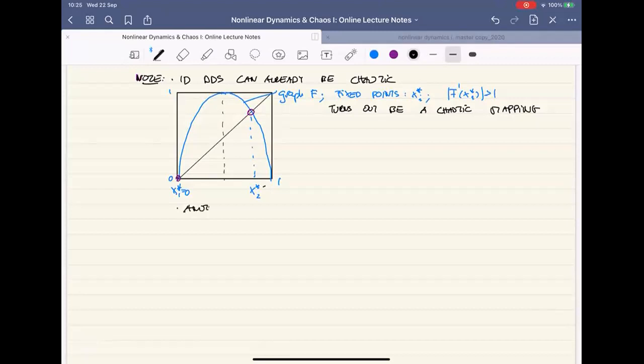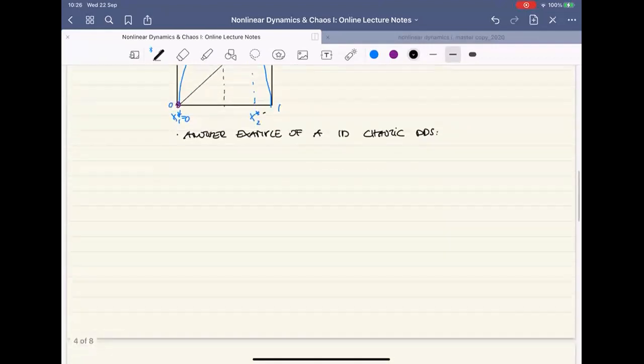Another example of a 1D chaotic discrete dynamical system, which would be the binary encoding map of a number in the interval 0, 1.